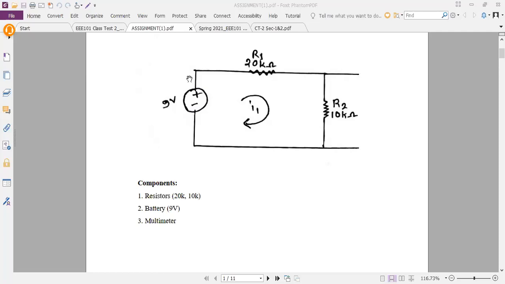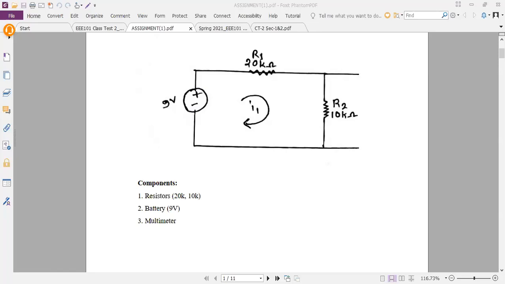I will give you the question up to the RC circuit, resistor and capacitor. After the RC circuit, you have to submit your assignment, which will be one or two weeks before the final exam.